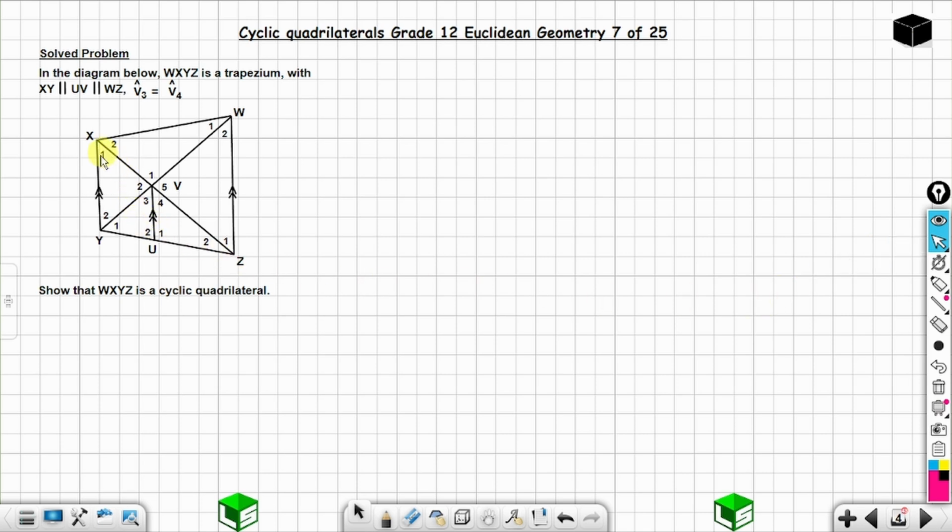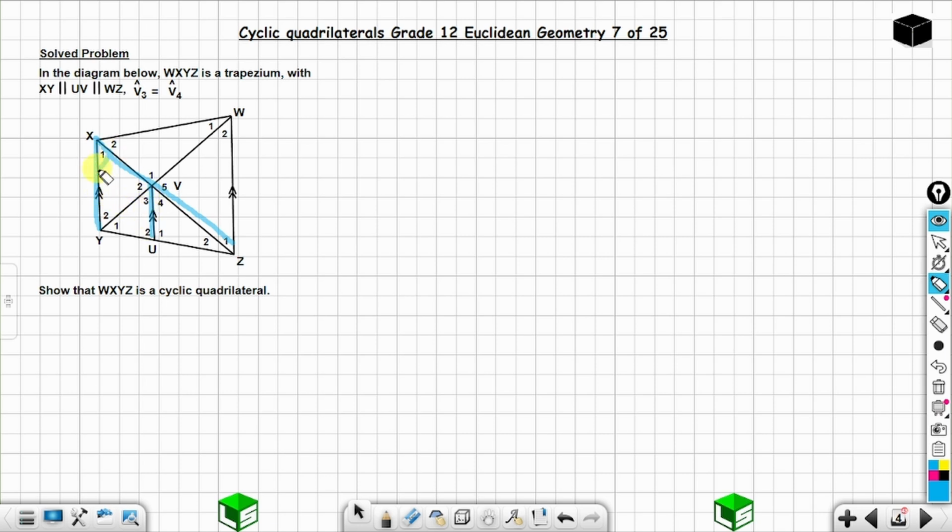You can see the angle x1 is equal to the angle v4. You have parallel lines, you have corresponding angles, you have the F shape. Can you see? Let me show you. This line is parallel to this line.